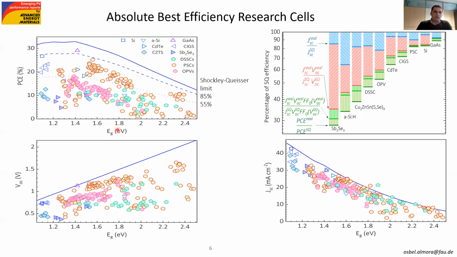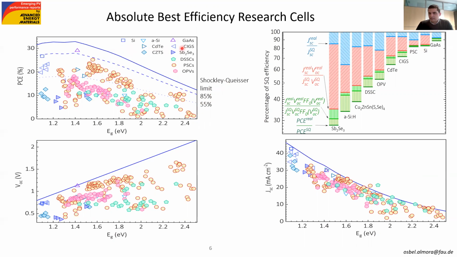In each case, we plot as a function of bandgap, and you can see the distance between the corresponding efficiency and the Shockley-Queisser limit. You can see that, for instance, most of the emerging photovoltaics, let's say organics and dye sensitized, are below 55% of the Shockley-Queisser limit, while the most efficient perovskite solar cells are already close to 85% of the Shockley-Queisser limit.